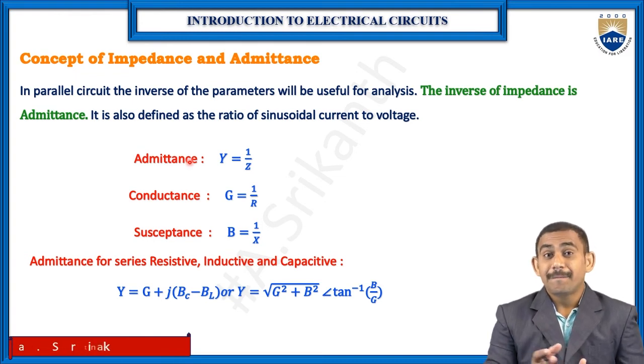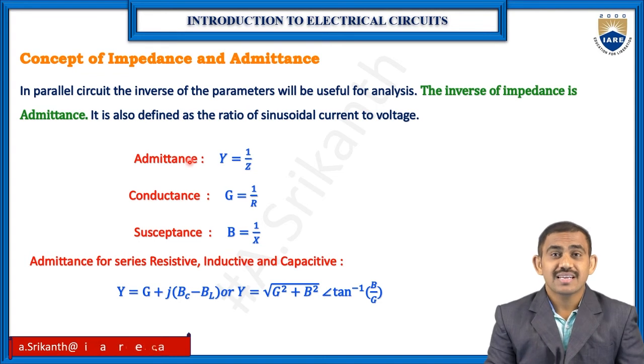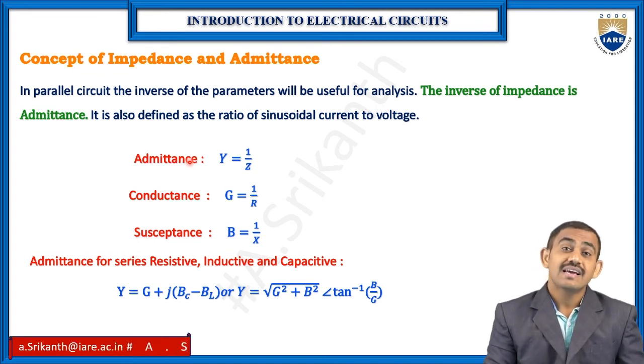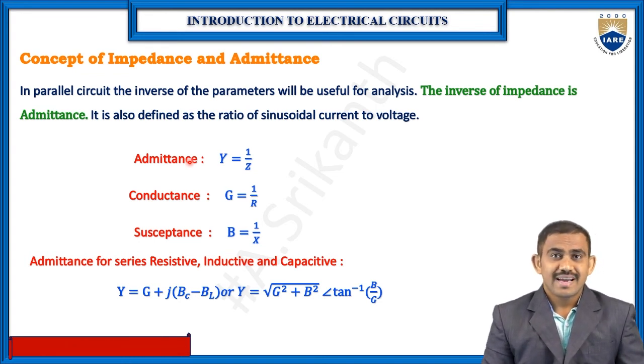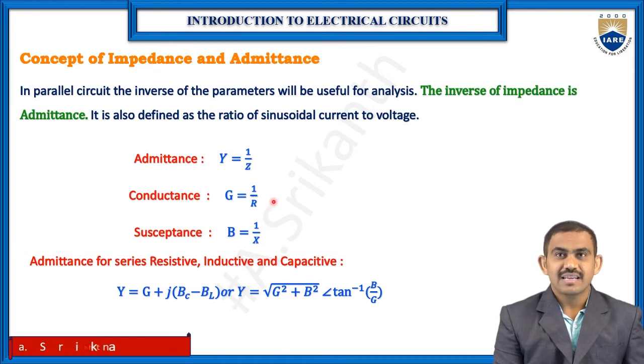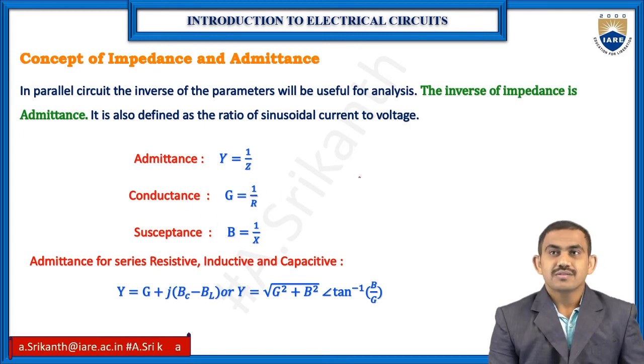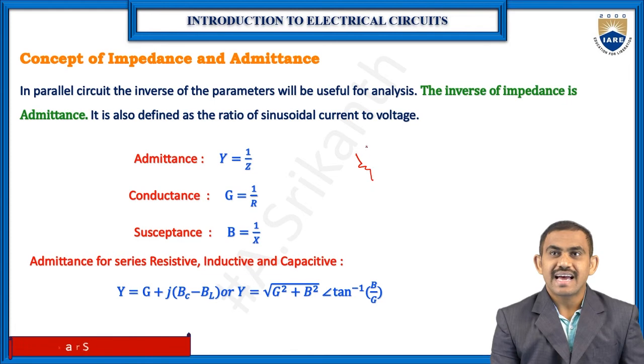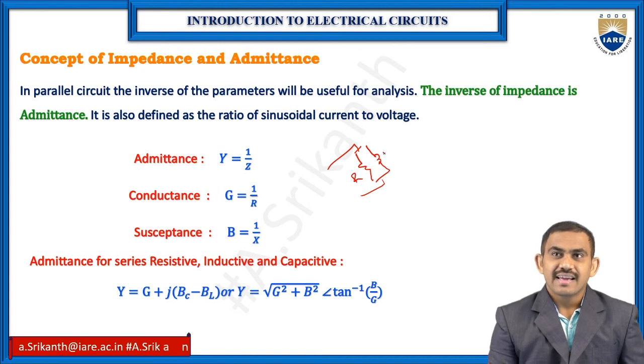When we have a parallel circuit, with resistor and inductor both in parallel, then you need to move to admittance. And here one more word is conductance. This is your R value and this is your L value or XL value.